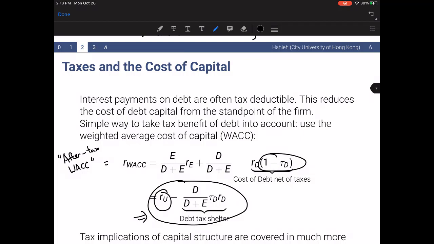The minus sign indicates that the cost of capital is lower, meaning that because of the tax shield, the riskiness of the cash flows is essentially lower. So let me write that down. The minus sign indicates a lower cost of capital, assuming that the government provides some degree of rebate on taxes.